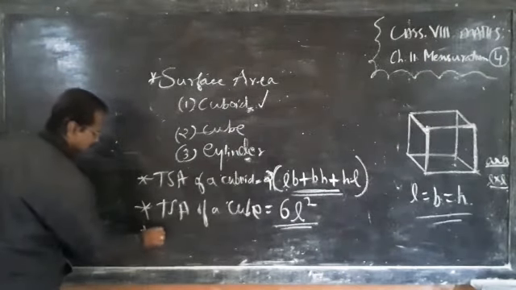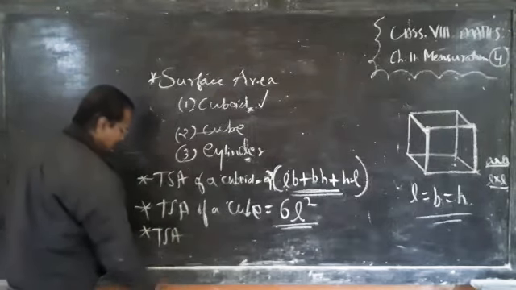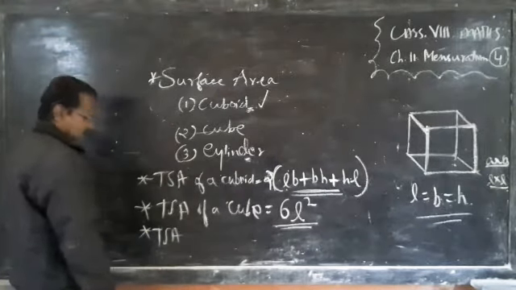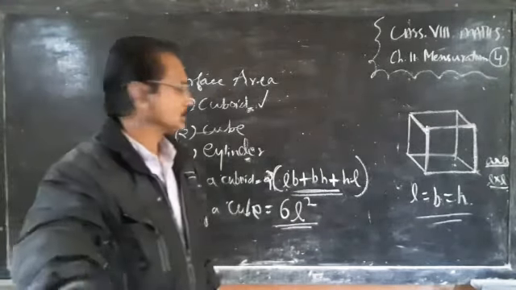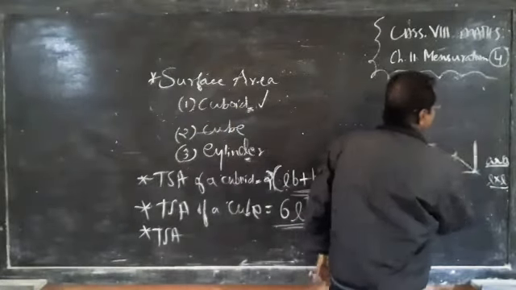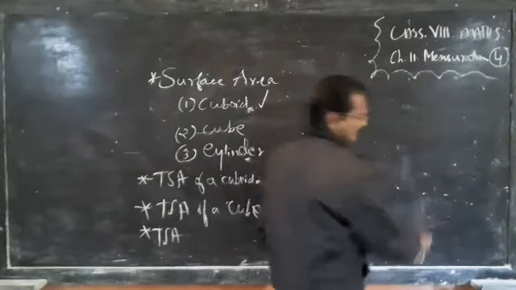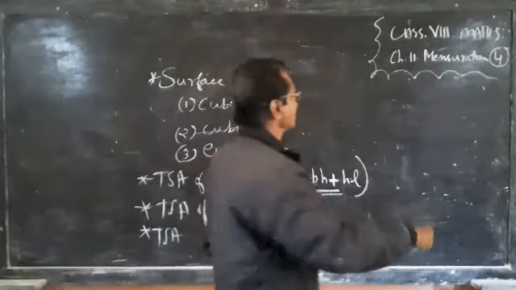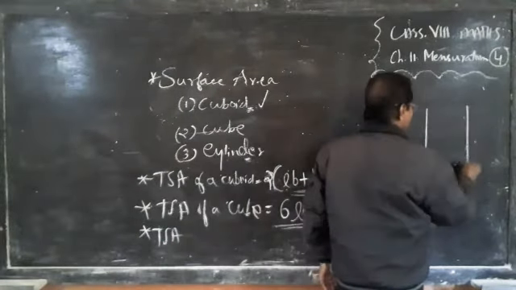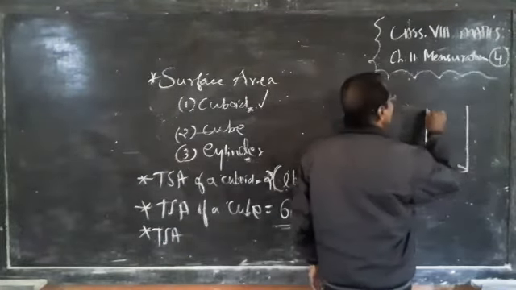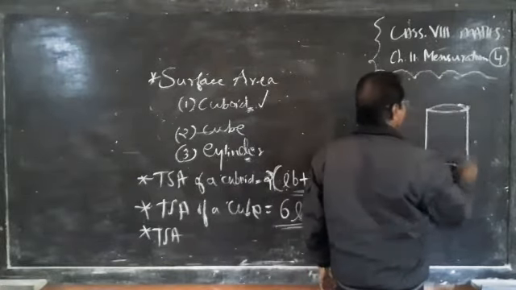Now the third one is the total surface area of a cylinder. How many surfaces are there in a cylinder? Look here. A cylinder has three surfaces.